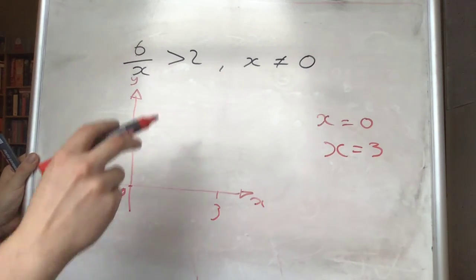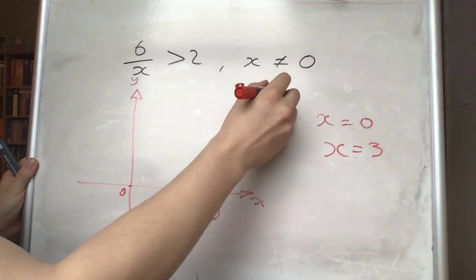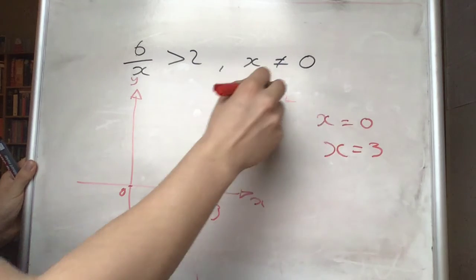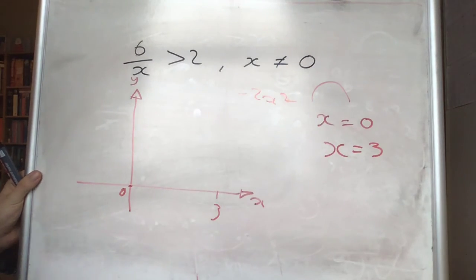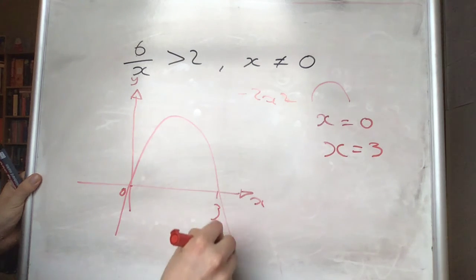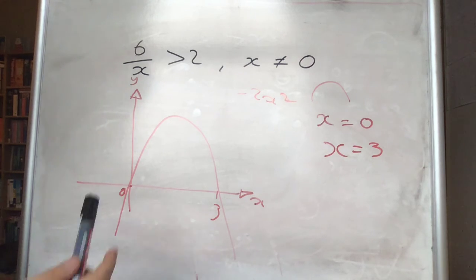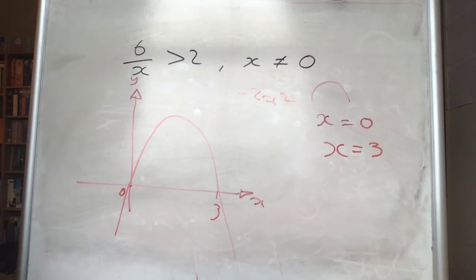If you remember, we had negative 2x squared in our formula, so we're going to have a down, n-shaped curve to our graph, something like that. And we can now work with this to solve our inequality.